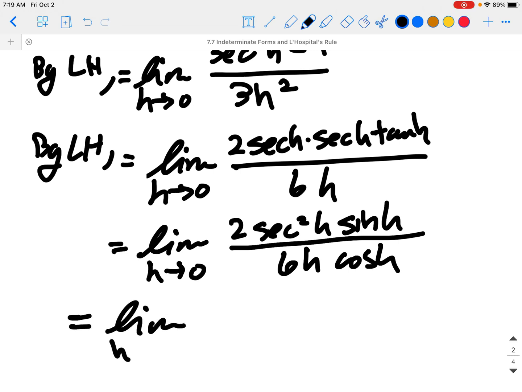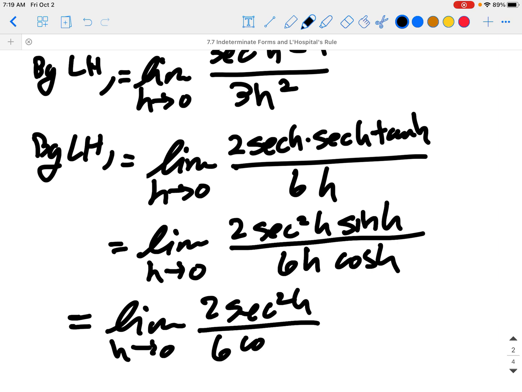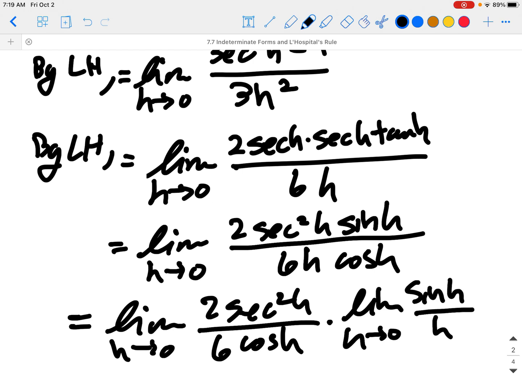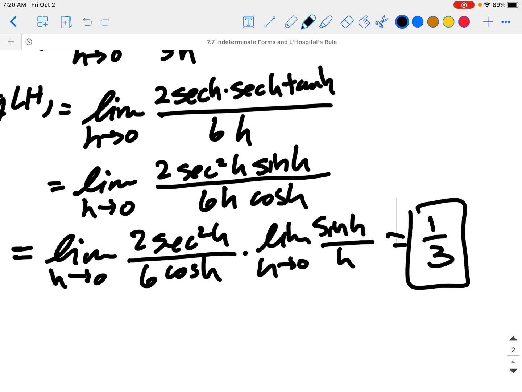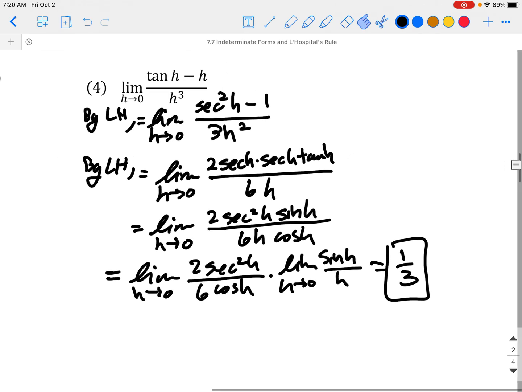So this is going to be the limit as h goes to 0 of 2 secant squared h over 6 cosine h times the limit as h goes to 0 of sine h over h, which we can split the product since both of those limits exist. And on the left we'll get 1/3, so 2 over 6 times 1, so our answer is going to be 1/3.